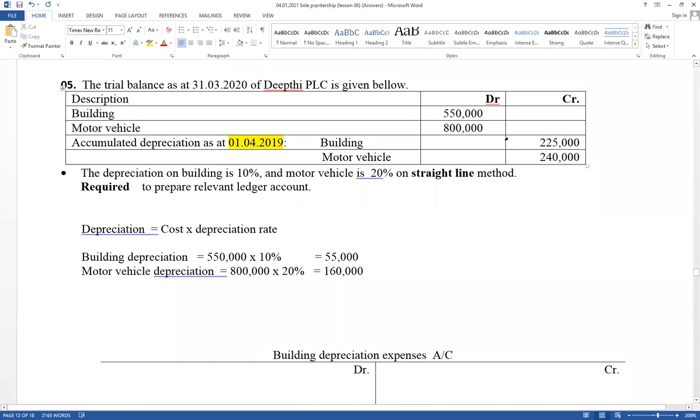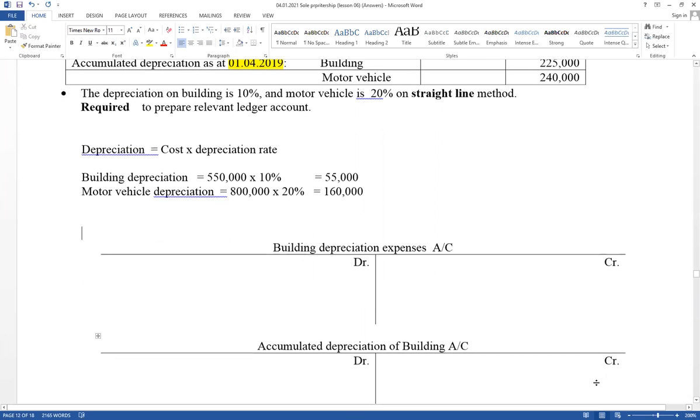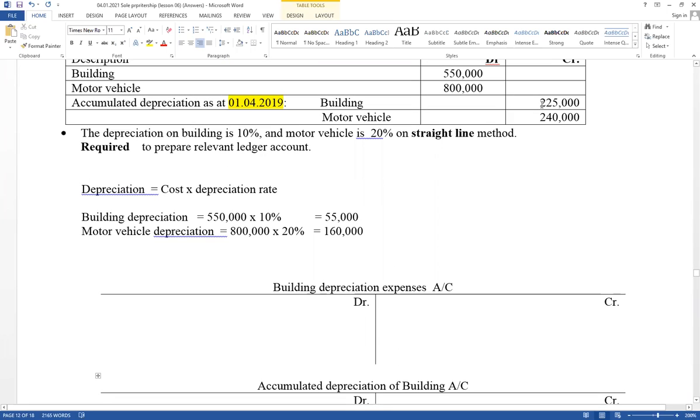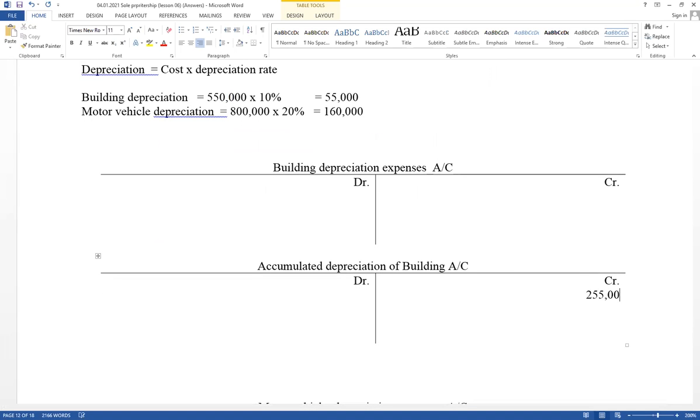Building, credit side, 225,000. That value should be included as a balance brought forward in the accumulated depreciation account. This is accumulated depreciation of building. Credit side as a balance 225,000. Opening balance, it has given in the trial balance. Therefore, 225,000 as a balance brought forward.